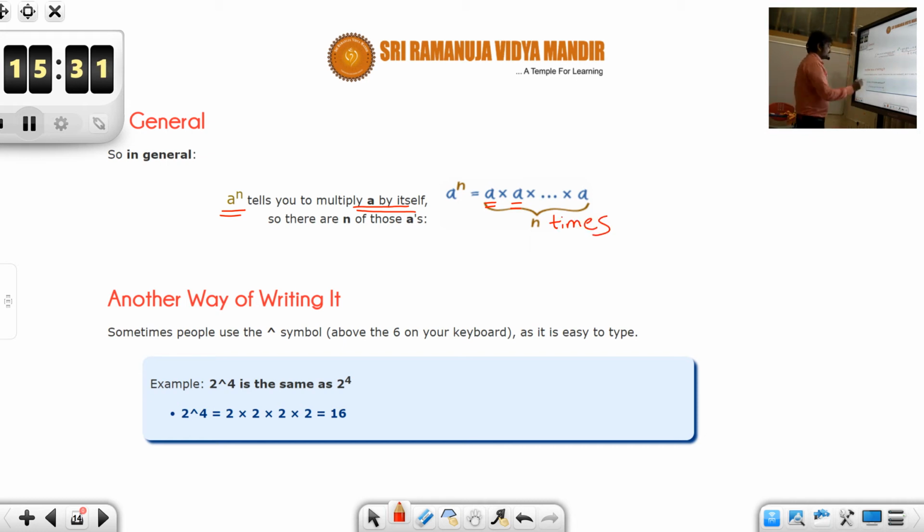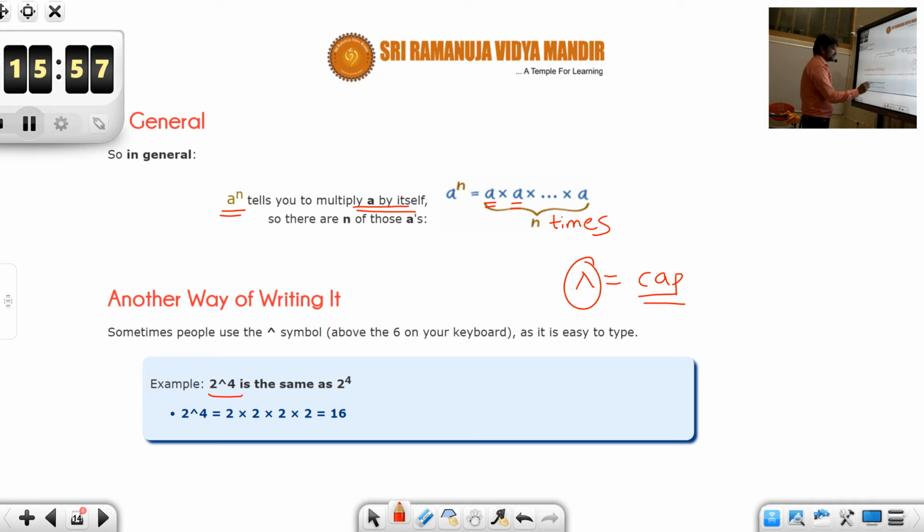Another way of writing: sometimes people use the cap symbol. We call this symbol a cap because it depicts the form of a cap, the hat we wear. Some people also use the word hat, but more frequently you will come across the word cap.